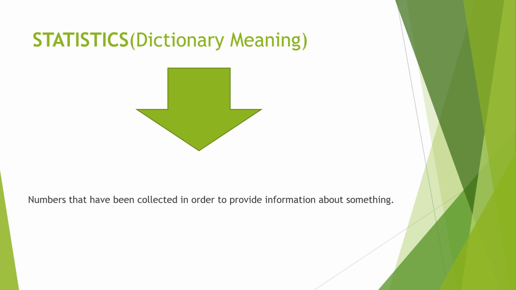Here we are discussing the dictionary meaning of statistics, which is written as numbers that have been collected in order to provide information about something. It means all the information or facts which have been collected in the form of numbers are termed as statistics.